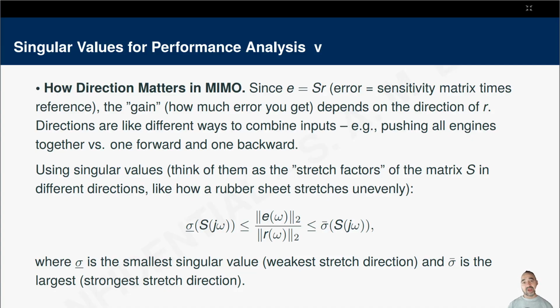So the ratio of the vector 2 norm of E over the vector 2 norm of R would always be between the minimum and maximum sigma, between the weakest stretch direction and the strongest stretch direction.